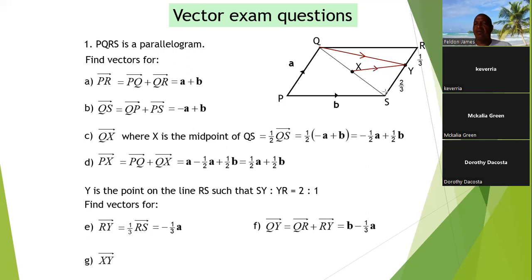So you would say, now, which other direction can you go to go from X to Y? You can go from X to S, and then from S to Y, right?